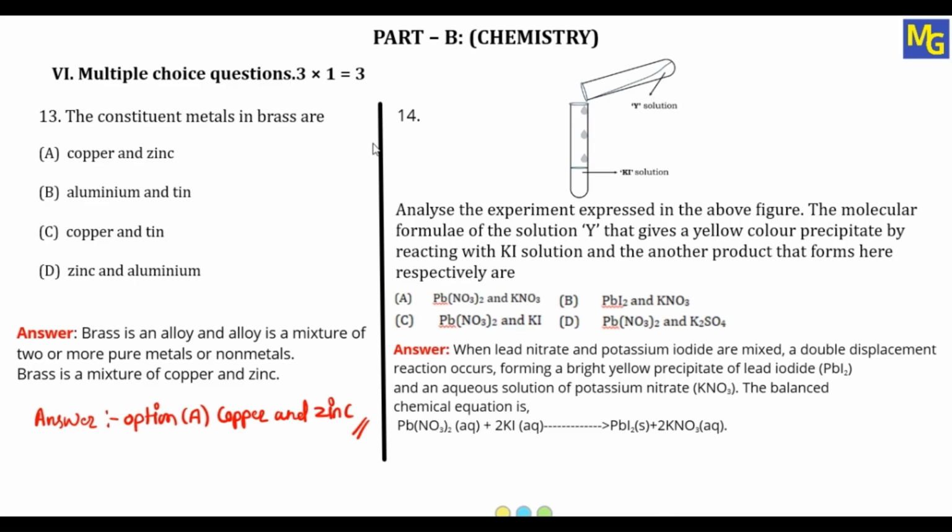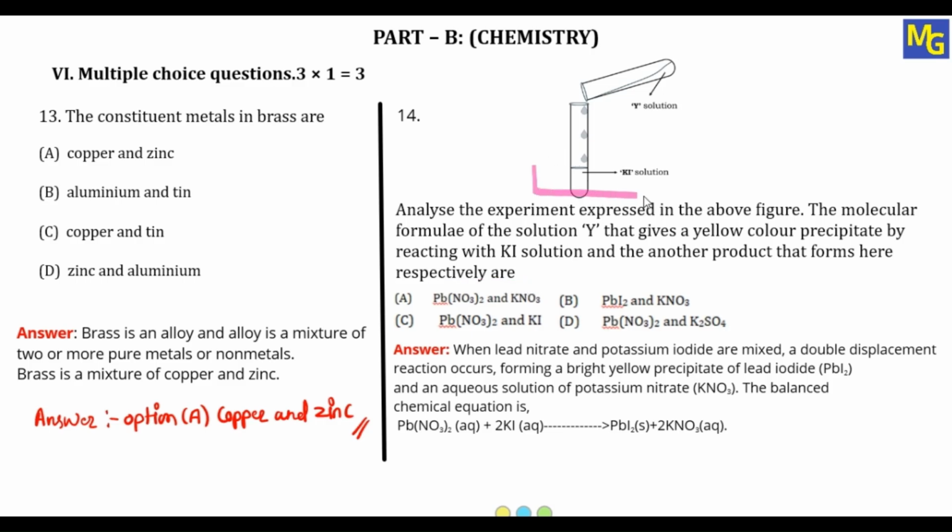Question number 14. Analyze the experiment expressed in the above figure. The molecular formula of the solution Y that gives yellow color precipitate by reacting with KI solution and the other product that forms here respectively are. So this is the diagram which is given.